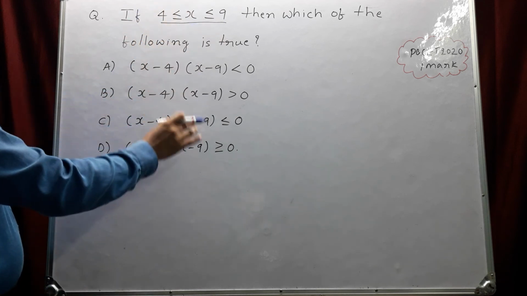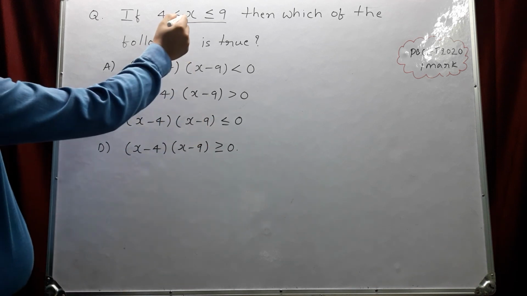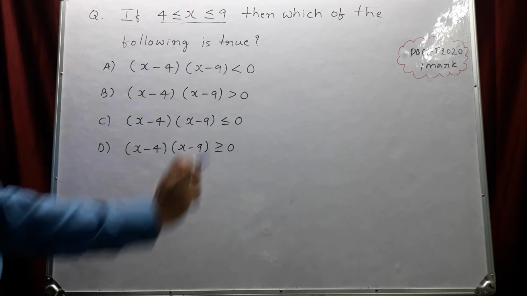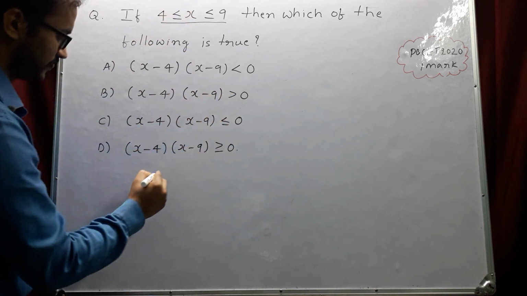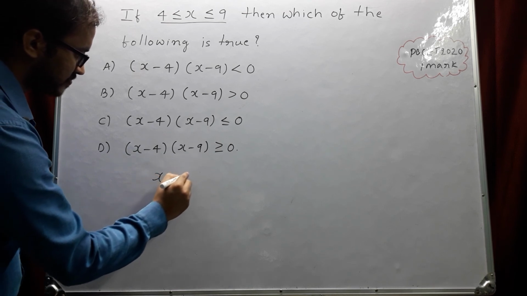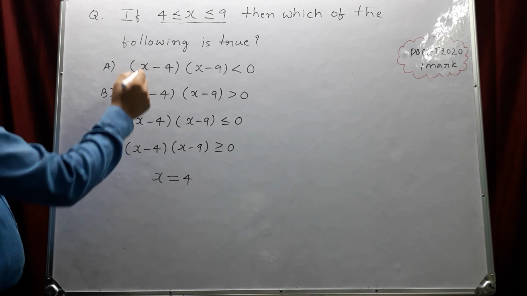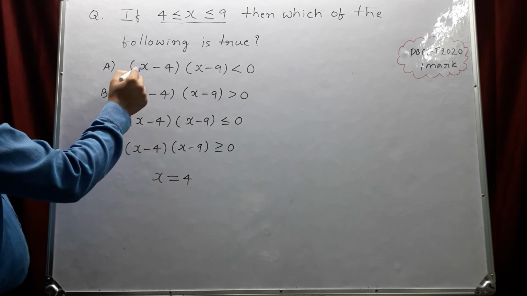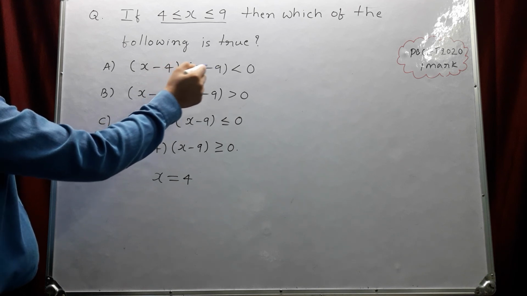So we have to check which of the following inequalities is true if x takes the values from 4 to 9. Suppose I take x equal to 4. If you see the first inequality and substitute x equal to 4, what happens? 4 minus 4 is 0, into 4 minus 9.